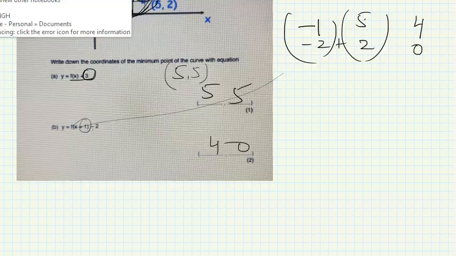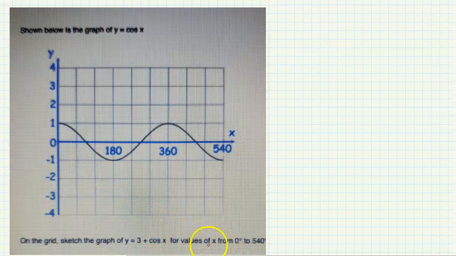This is a cosine graph. A cosine graph always passes through 1, a sine graph passes through this. So how do you know? That is the way to know it. 0 to 540. Now this is f(x).